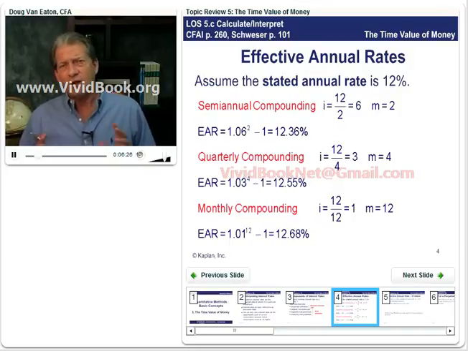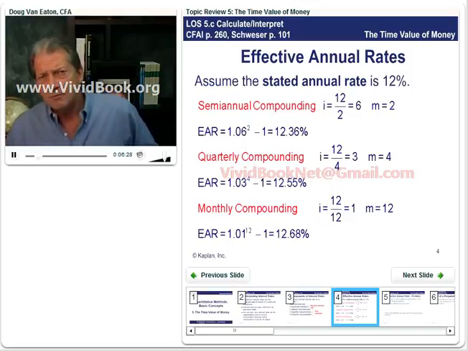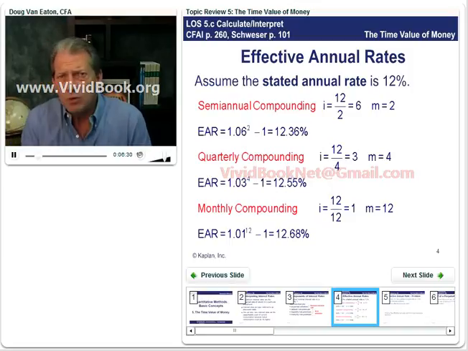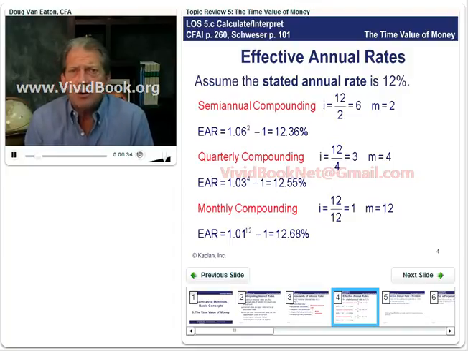But if we say, well, the stated annual rate is 12%, and the compounding frequency is twice a year, semi-annual compounding, then we take half of that 12%, and we compound that and see that $100 invested at the beginning of the year would turn into $112.36, so slightly more.